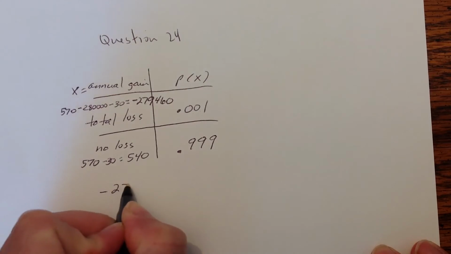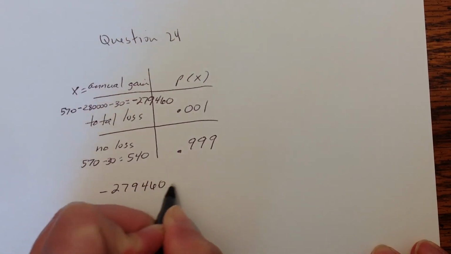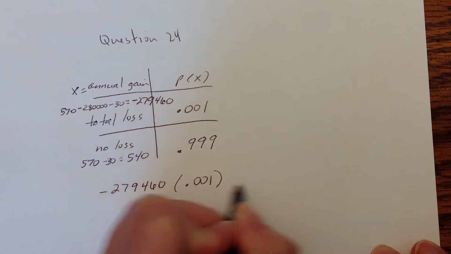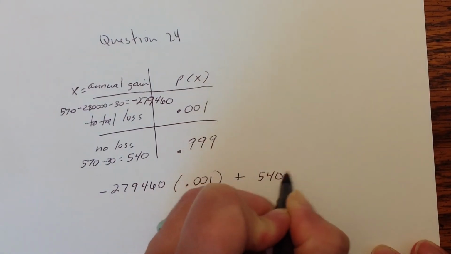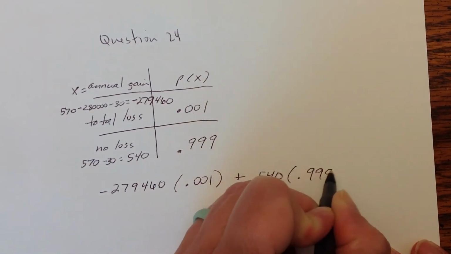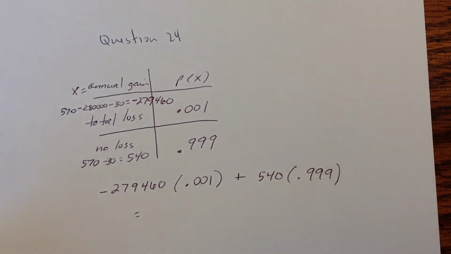So you take negative 279,460 times 0.001 plus 540 times 0.999. And then we use our calculator to get an answer. And you end up with an answer of $260.